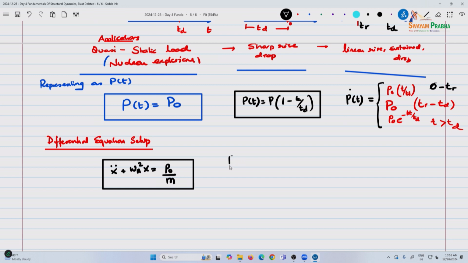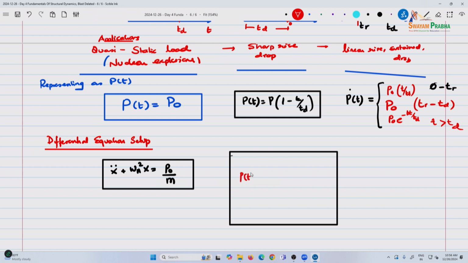Now, if I set this one up, this is P of t, I'm sorry: x double dot plus omega n square x. Now, you see this is a little more complex.